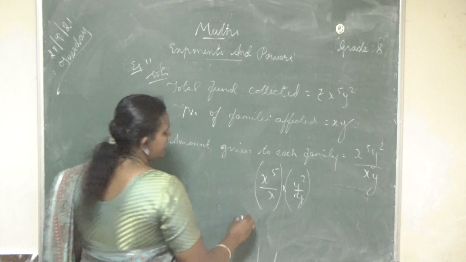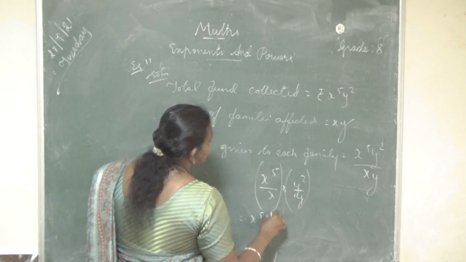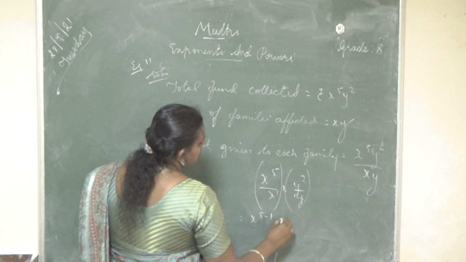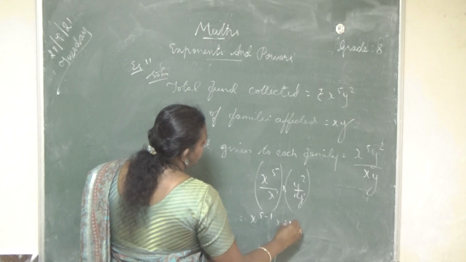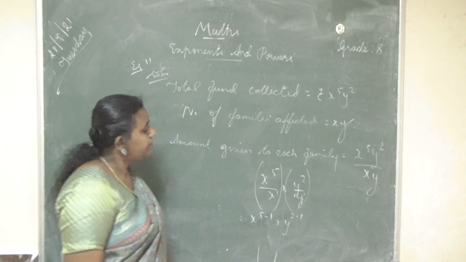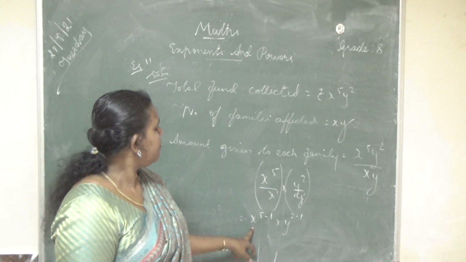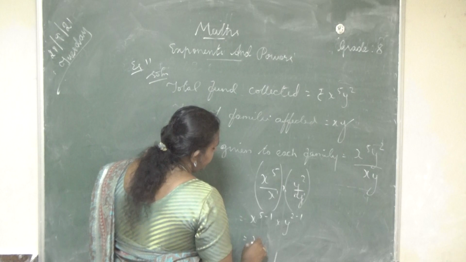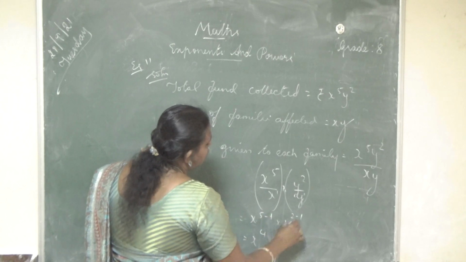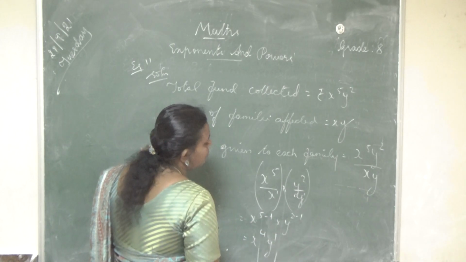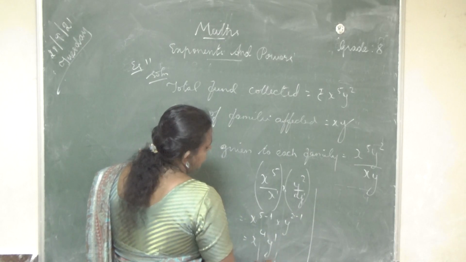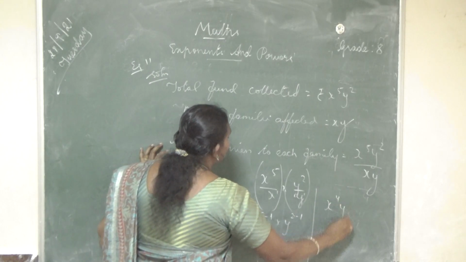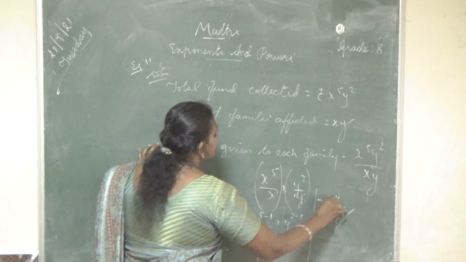That is x power 5 minus 1, into y power 2 minus 1. Now you all know the second law, which is equal to x power 5 minus 1, 4, y power 2 minus 1, y power 1. So each family is getting x power 4 y rupees.